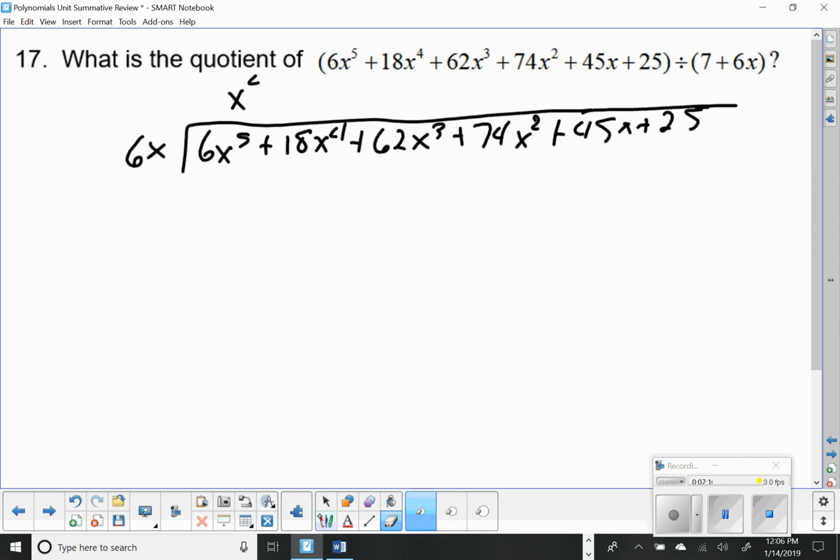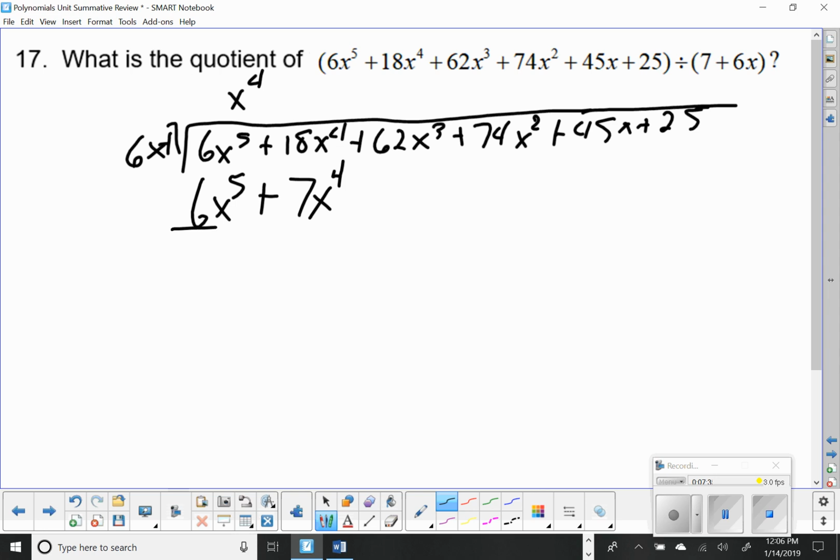Speaking and writing. 6x to the 5th divided by 6x is just x to the 4th. X to the 4th, so I'm going to get 6x to the 5th plus 7x to the 4th. I come through here, and I'm going to subtract.